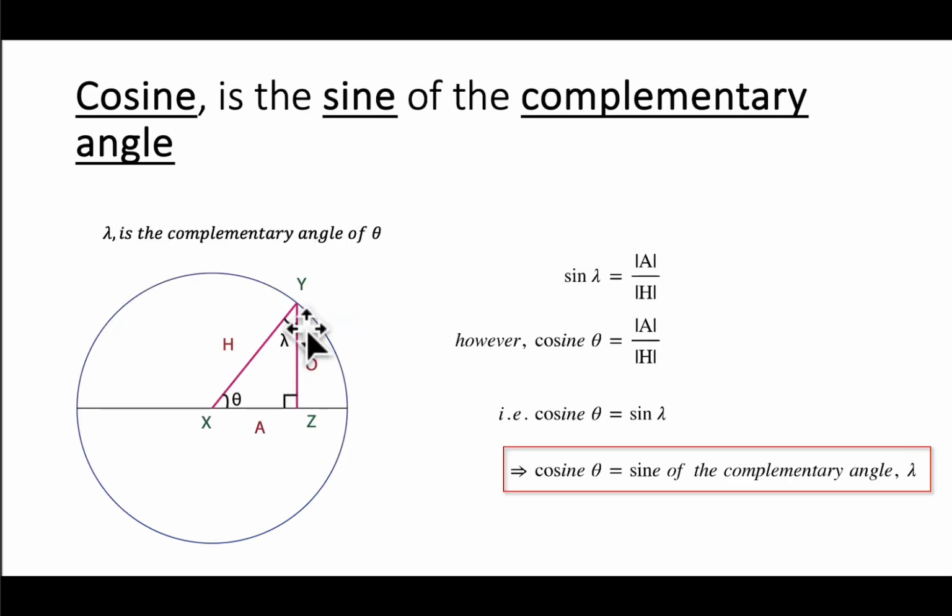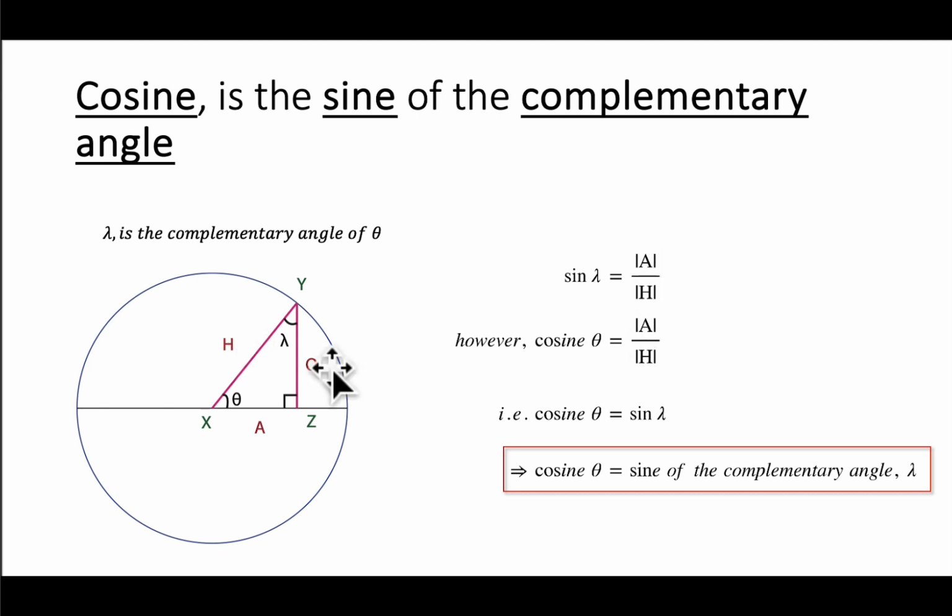So then if you know the sine, which now you know is basically, in a circle with a radius of 1, the sine of theta is the length of the opposite side. So the next question is, what's cosine? Cosine of theta is basically the sine of the complementary angle. So the complementary angle of theta is lambda, and the sine of lambda is basically the opposite, that's a, divided by the hypotenuse, that's h.